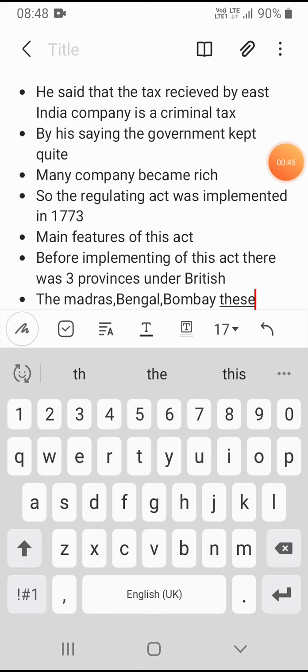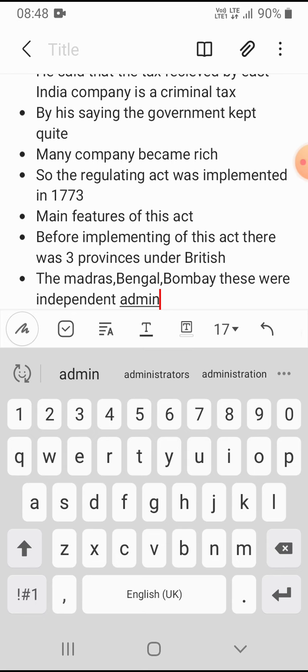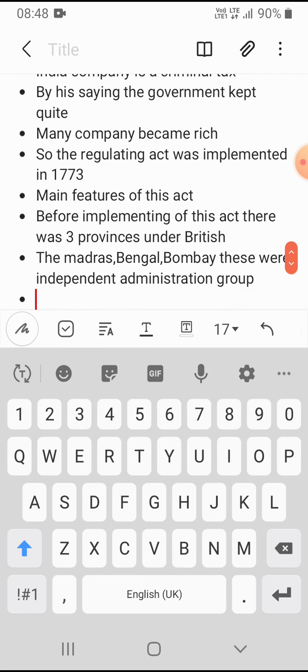And these were independent administration groups.